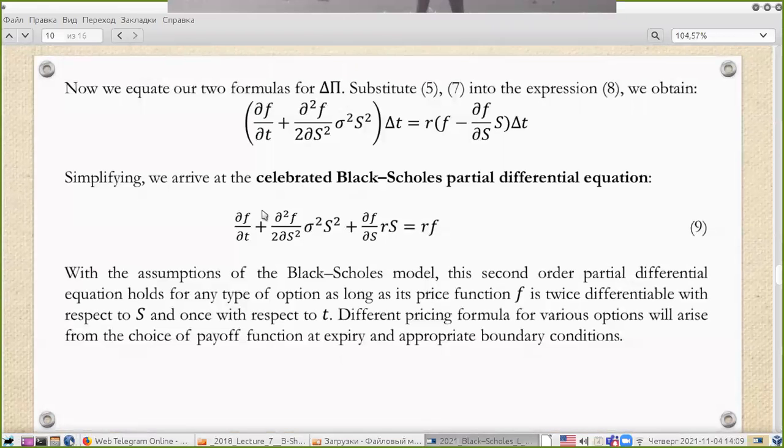What is expression 9? We would like to write df with respect to dt only as f with respect to t in this form. It doesn't matter, but we would like that.